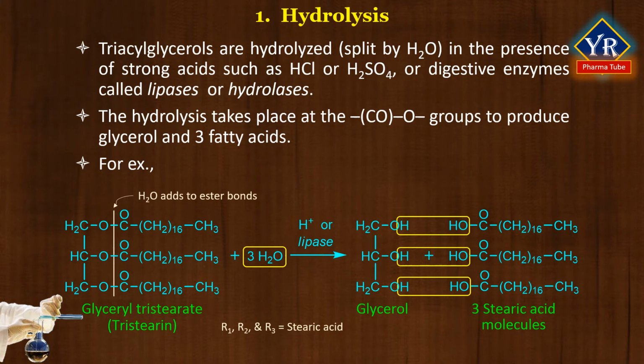Hydrolysis cleaves the 3 single ester bonds between the carbonyl carbons and the oxygen atoms. Since tristearine contains 3 identical R groups on the carbonyl carbons, 3 molecules of a single fatty acid, that is stearic acid, are formed. The fat is also hydrolyzed in the presence of lipase, which is a digestive enzyme.